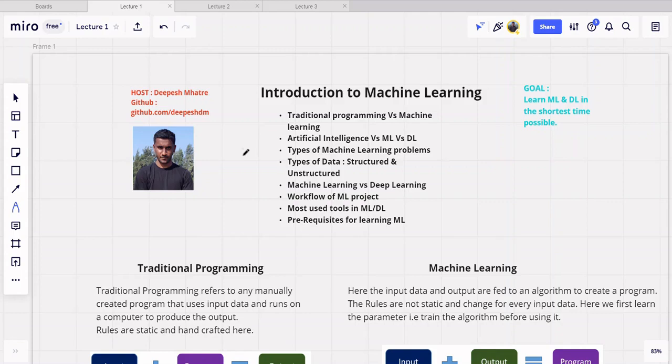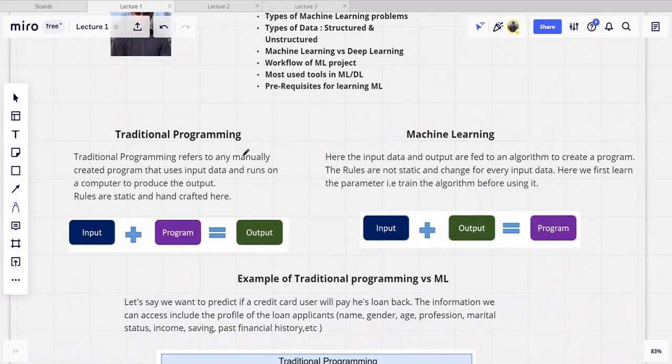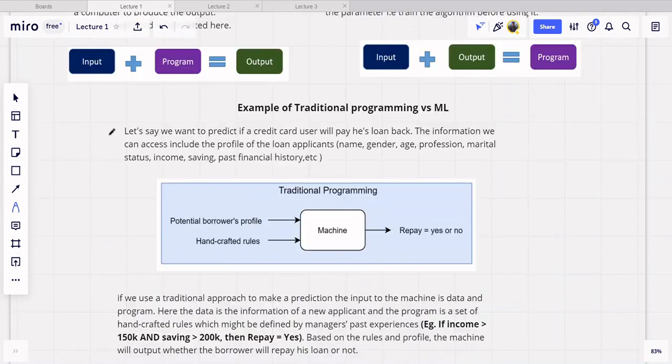The first thing is, what is the difference between traditional programming and machine learning? In order to make you understand this clearly, I have an example here. Let's say that you want to predict if a credit card user will repay his debt or not, and you have data on each credit card user.